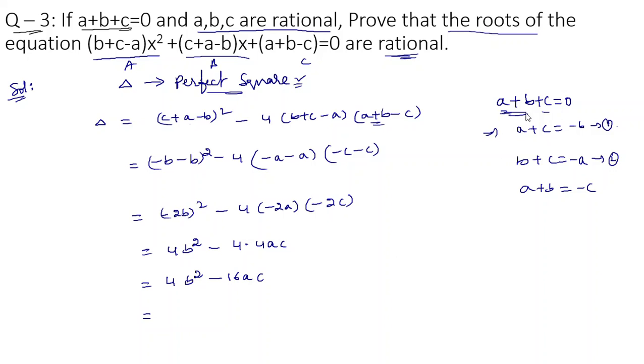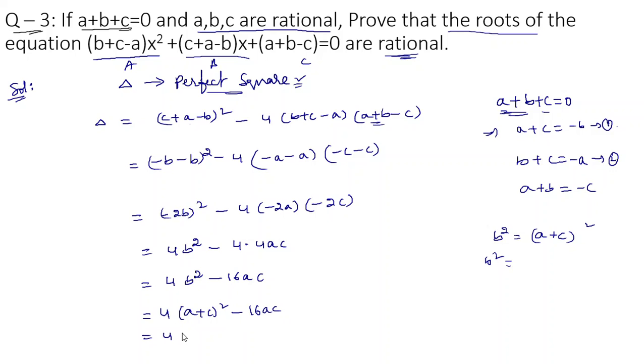But what is b square? a plus c is equal to minus b. So b square is equal to a plus c whole square. So now this implies 4 into a plus c whole square minus 16ac.